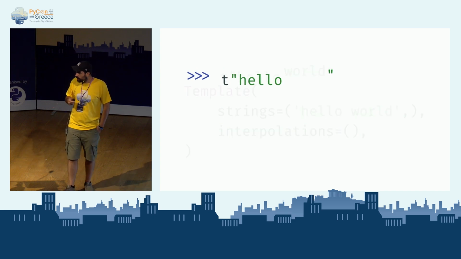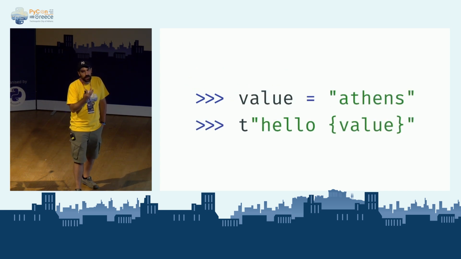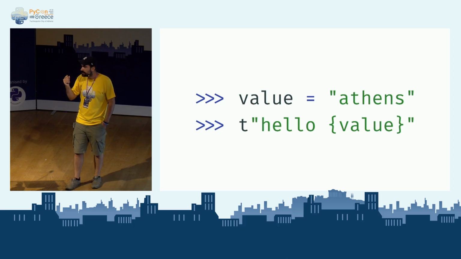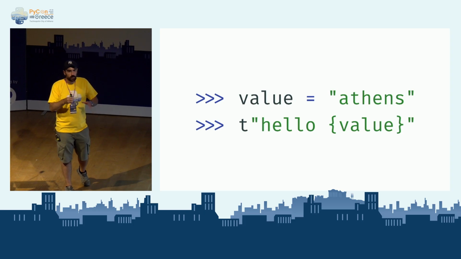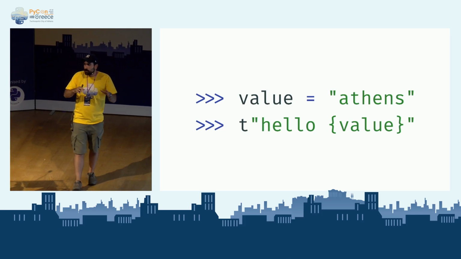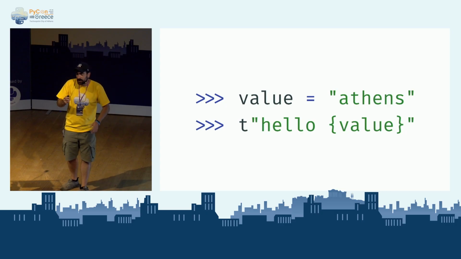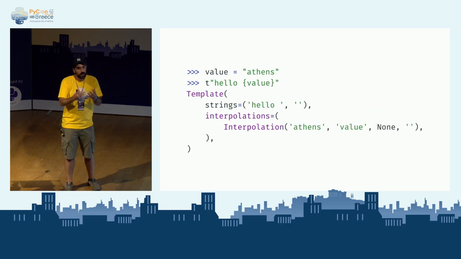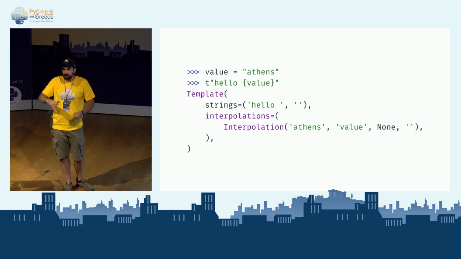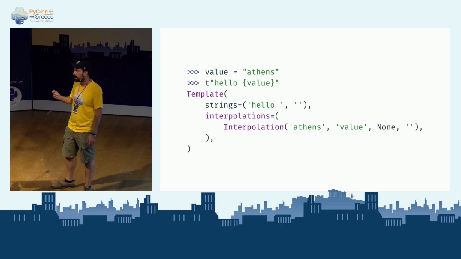But if you have something like this, with an actual interpolated value, in this case called Athens, then it's not like with F strings, where you get no control over how it's interpolated inside the final string. In T strings, you actually get an object that gives you access to the underlying value of the variable you're using, and then you can do all sorts of nasty stuff with that.